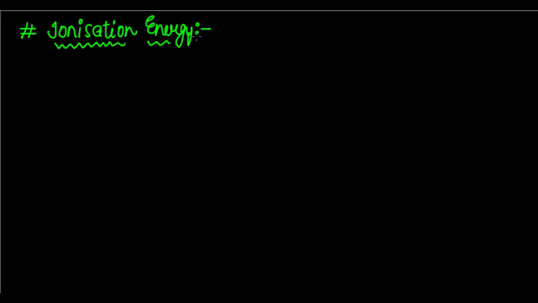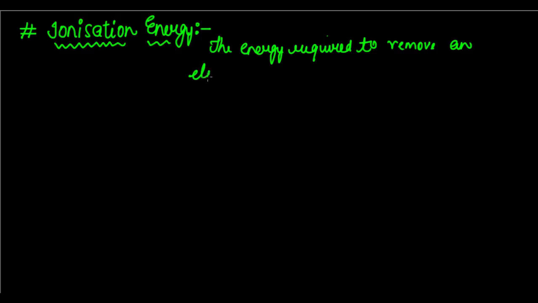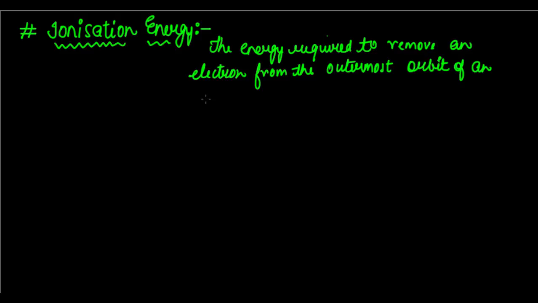Ionization energy is basically the energy required to remove an electron from the outermost orbit of an isolated gaseous atom.